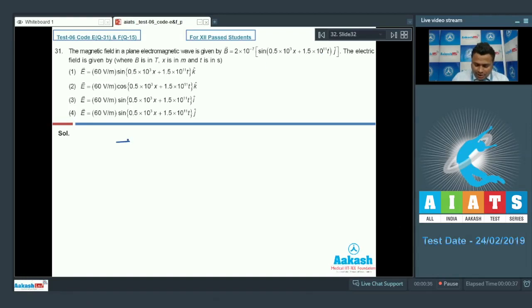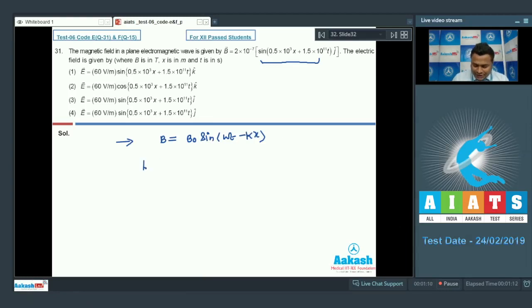We know a plane electromagnetic wave propagating in a positive x direction, the magnetic field equation can be given by B equals B naught sine (omega t minus kx). After comparing this equation with the given equation, we can say that the wave is traveling along negative x direction, minus i cap.